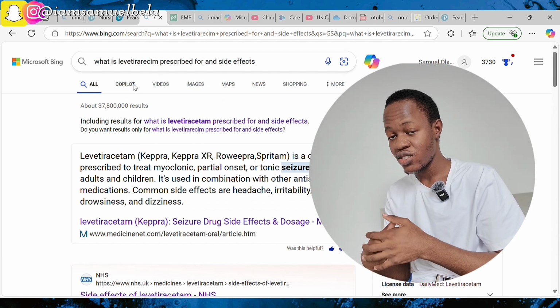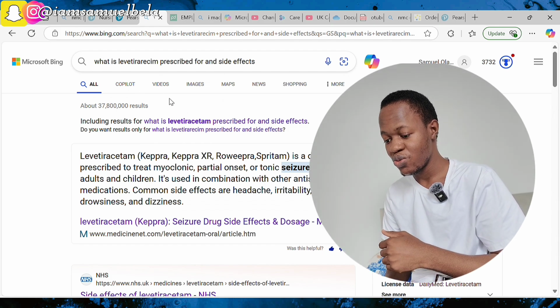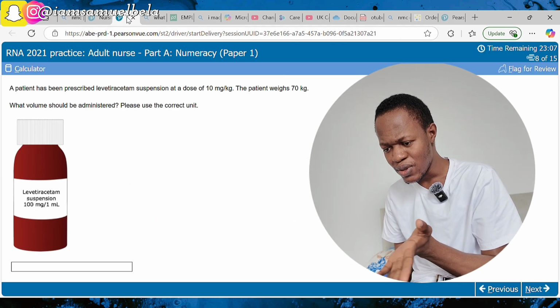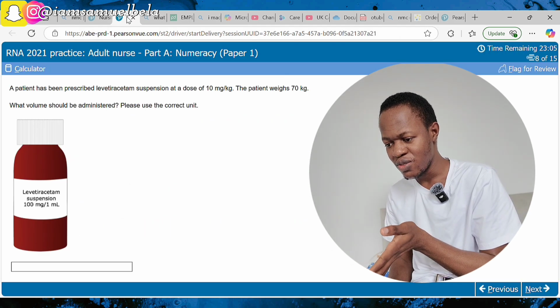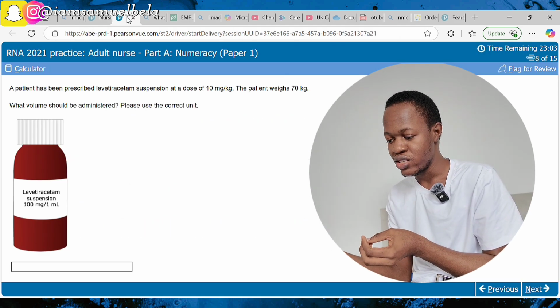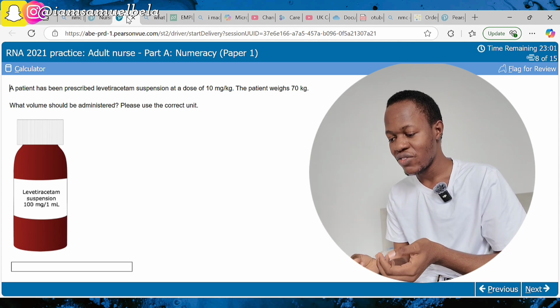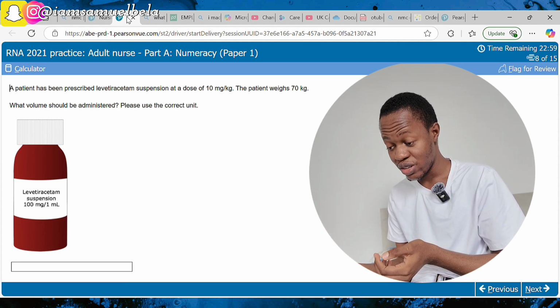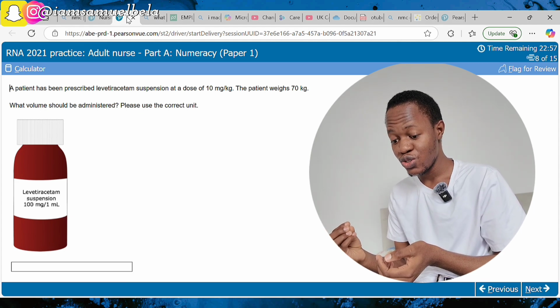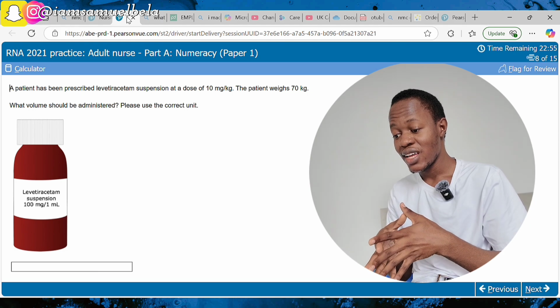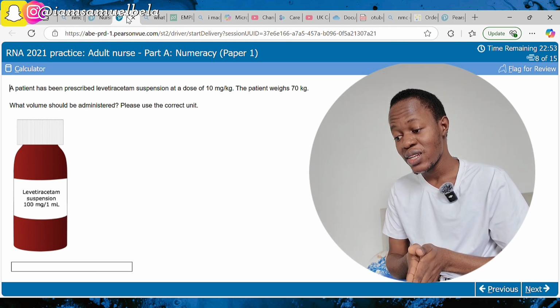It is something that is used for seizures, for people that have seizures. The patient has been prescribed levetiracetam suspension at a dose of 10 milligram per kg. This person weighs 70 kilograms. What volume should be administered? That means the person is having 10 milligram per kg.